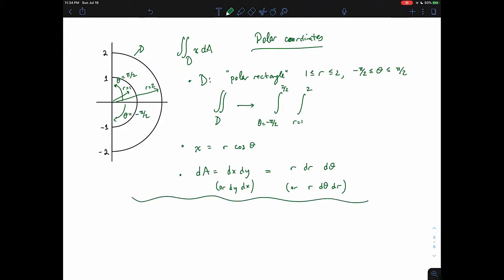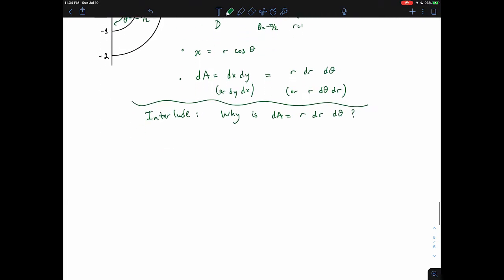Let's take a little interlude and ask why the area element is equal to r dr d theta. So I'll just sketch out a rough intuitive idea here.